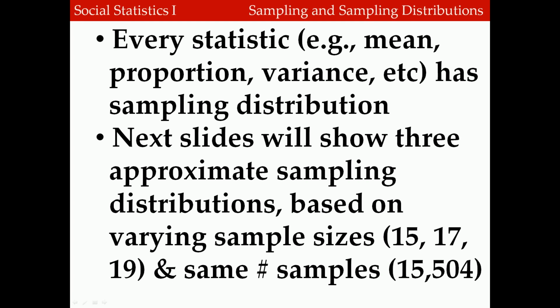So I've approximated the sampling distributions by conducting something called a sampling experiment. I've done this 3 times, using varying sample sizes of 15, 17, and 19. For each sample size, I've sampled about 15,000 times, put them all into one data set, and graphed it.